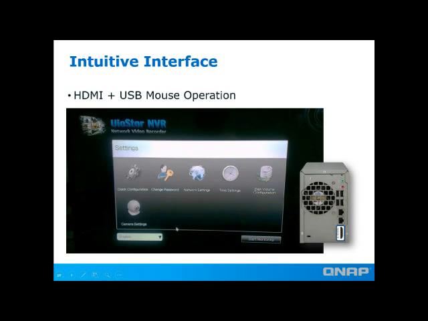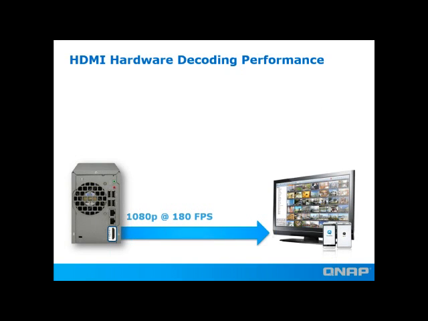So let me talk more about our HDMI local interface if you want to use it like a DVR. This is something we're very proud of because of our partnership with Intel. We have optimized the hardware platform to use the internal HDMI decoder. Basically, the system has two processors.